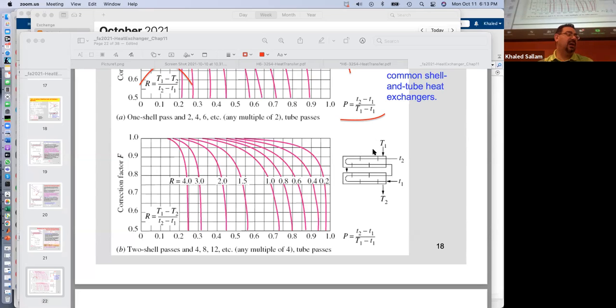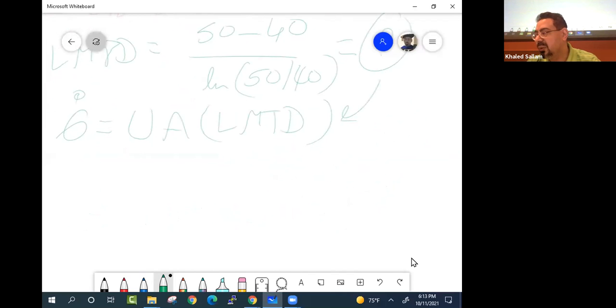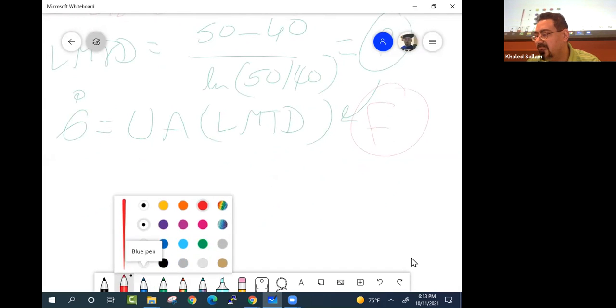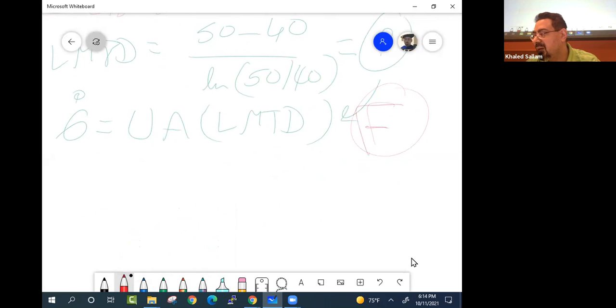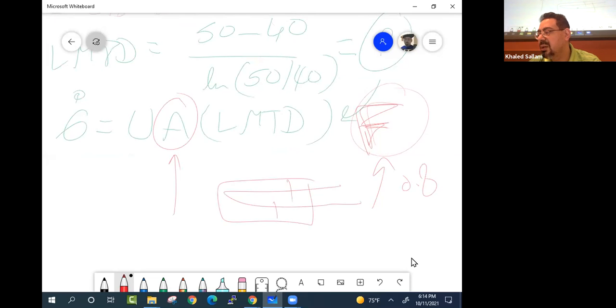So yes, the delta T is smaller, but the area is way bigger, right? In the same volume. So what I'm saying is that you are sad because you are multiplying by that F, and they say this F is like 0.8, but you don't realize that this area, because you just used this configuration, is way bigger than if you had used just regular counterflow.